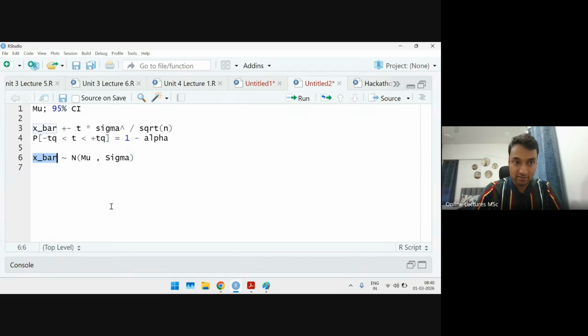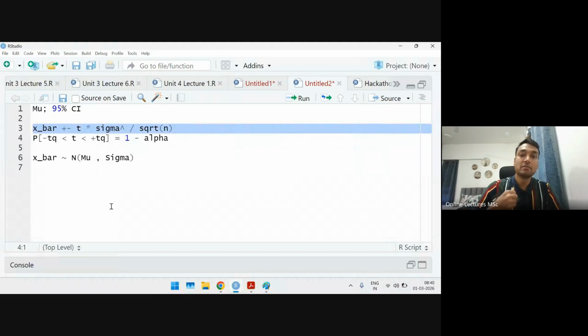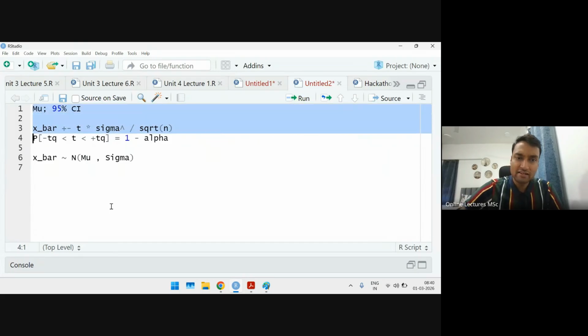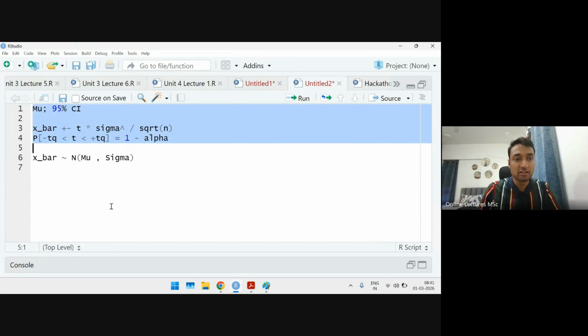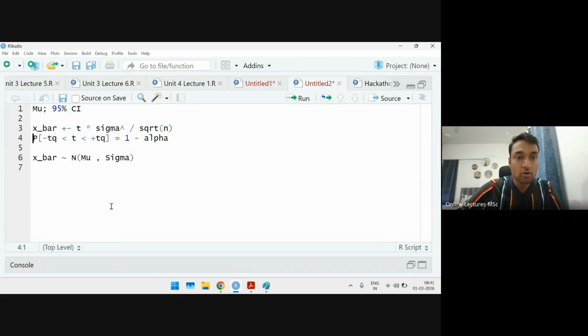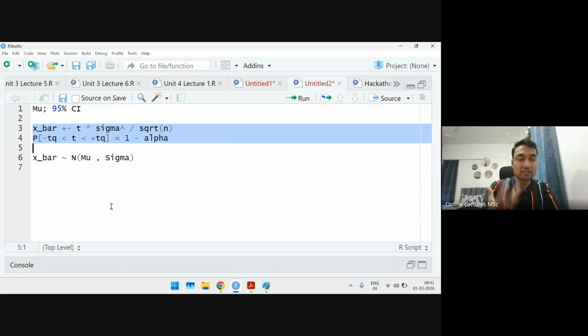Right? I'll repeat my statement again. Bootstrap says that even though this assumption basis which you have devised the entire theory, be it normality, be it T, if it doesn't hold true, that's fine. I understand that if the assumption doesn't hold true, you can no longer use the entire theory what you have studied in your previous semester.